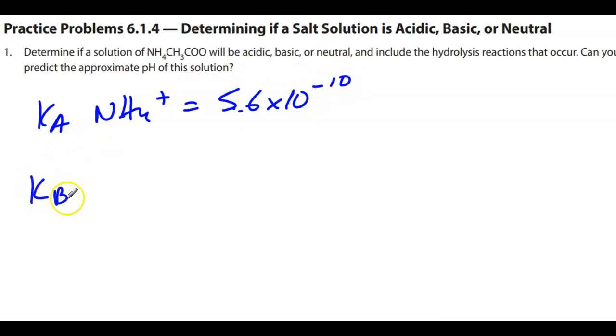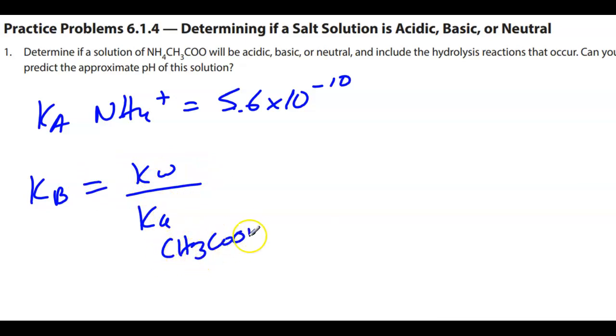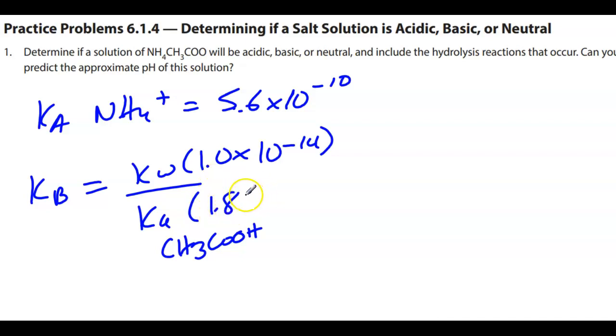So we want the Kb for our acetate. That means we're going to be doing Kw over the Ka for acetic acid. So this is 1.0 times 10 to the negative 14, over the Ka of acetic acid, which is 1.8 times 10 to the negative 5, to solve for our Kb.